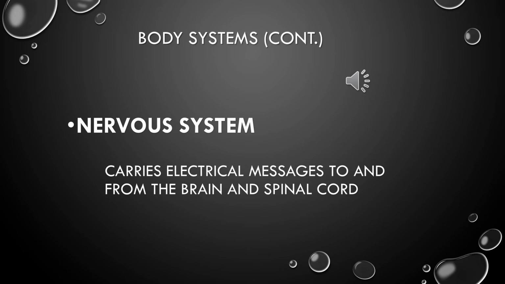By understanding what these systems actually do, you can understand, if the system breaks down, what all it is responsible for, and what the patient therefore will not be able to do because this system has broken down.